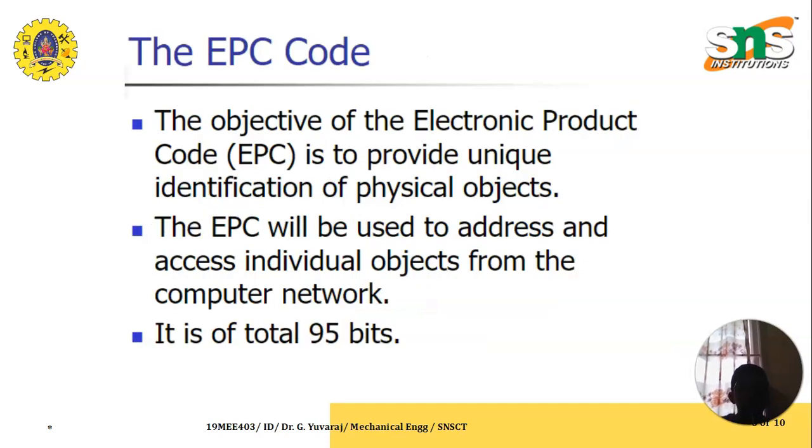The objective of framing this EPC code is to provide a unique identification of physical objects. For example, if a library has more than 1000 books and I want to count how many books belong to the same title and the same author, I am not supposed to take and count those books individually.